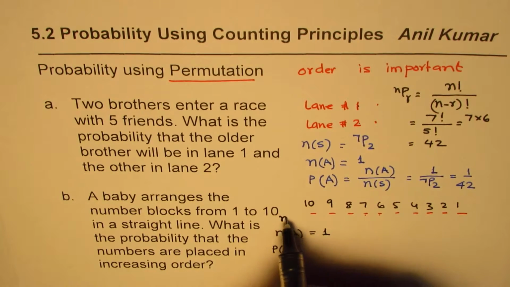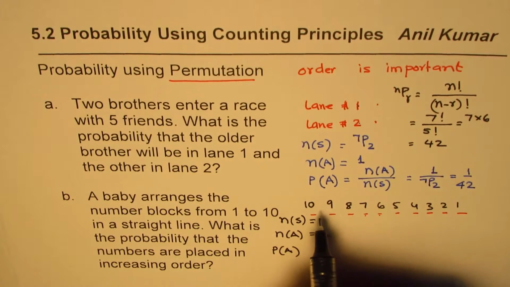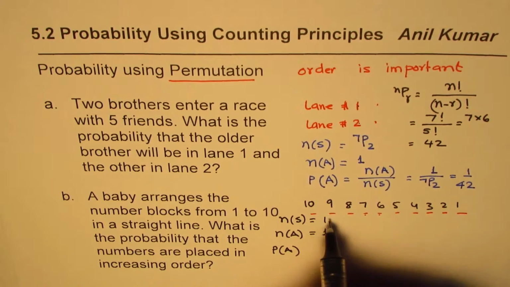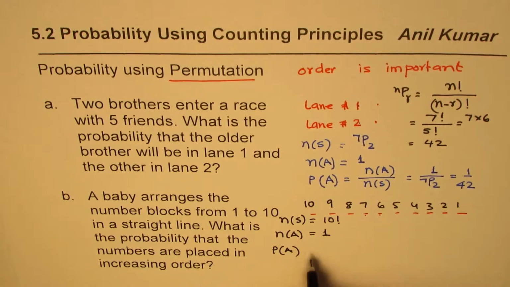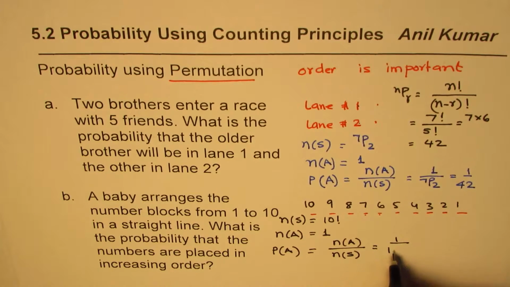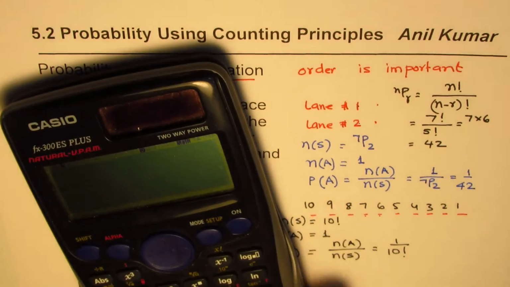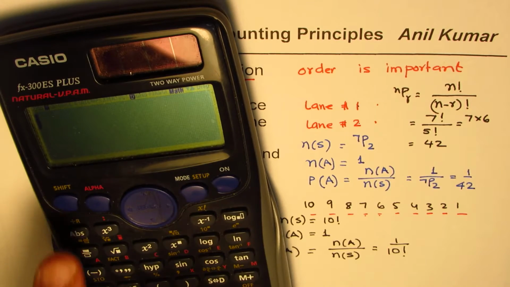So the sample space, all possible outcomes, is 10 factorial, and therefore the probability in this particular case will be the ratio of favorable to total number, which is 1 over 10 factorial. So that is the answer for us.